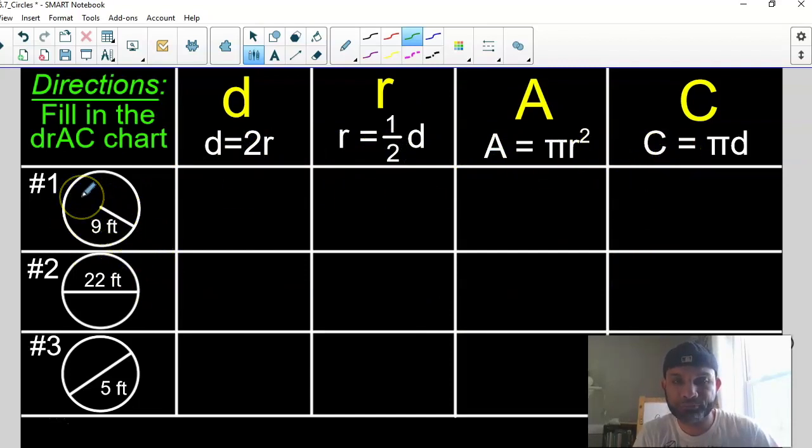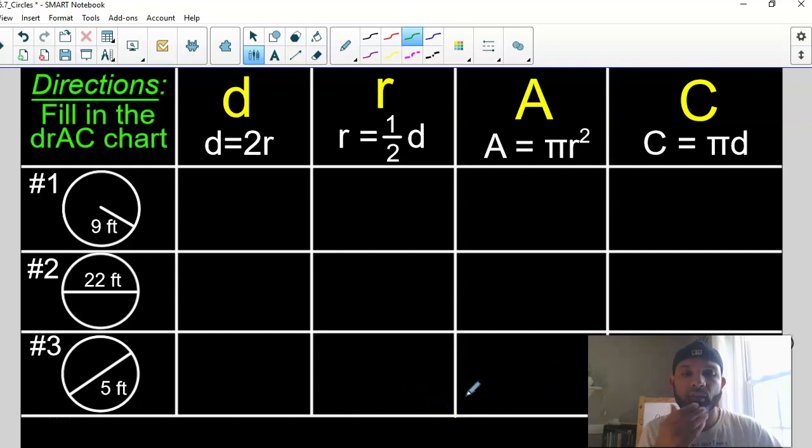So for circle number 1, I want you to tell me what is its diameter, its radius, its area, its circumference. When you're done with that, go to number 2. What is its diameter, radius, area, circumference? And then number 3, what's the diameter, the radius, the area, and the circumference.